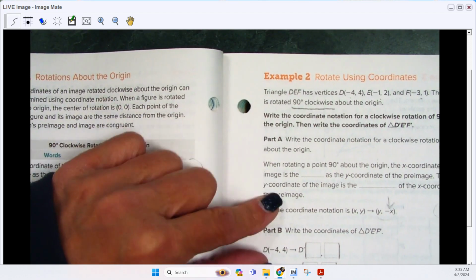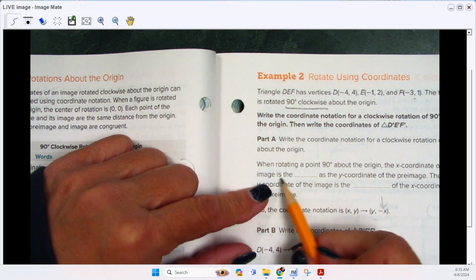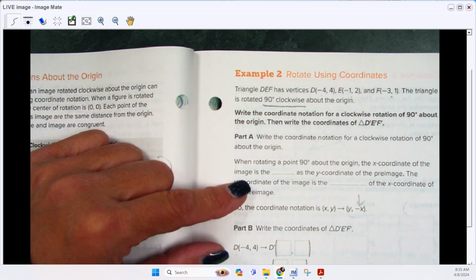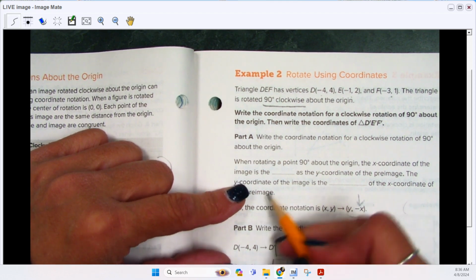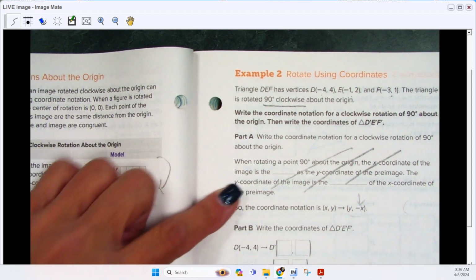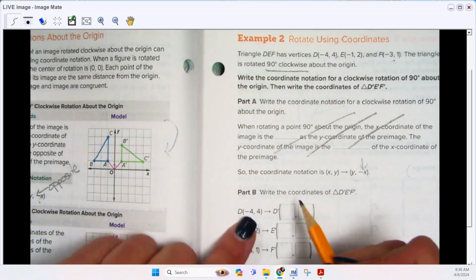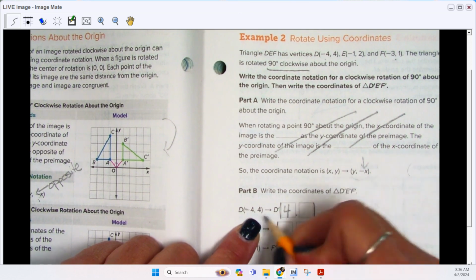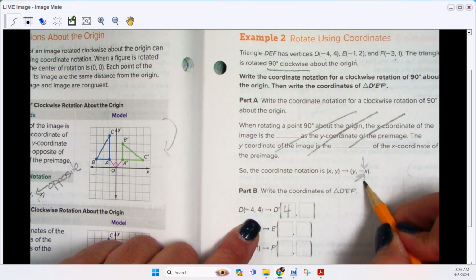So I'm going to switch these two around. 4 is now going to be here. Remember, we're doing the opposite of what the Y would now be.